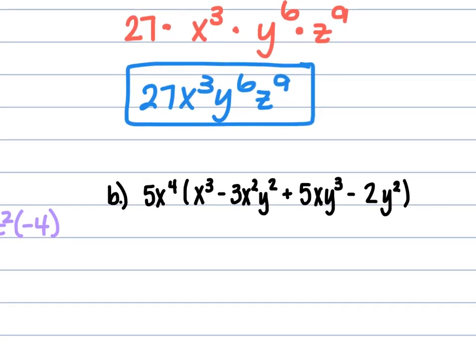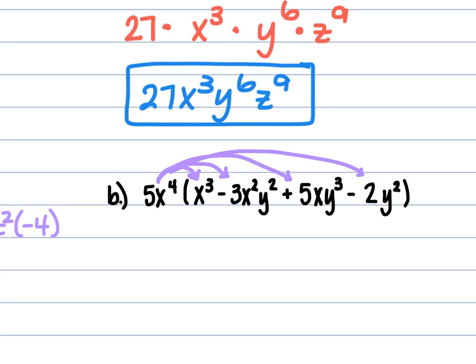For example B, we have 5x to the fourth power times x cubed minus 3x squared y squared plus 5xy cubed minus 2y squared. So again, we're going to distribute this 5x to the fourth power, multiplying those coefficients, adding those exponents.